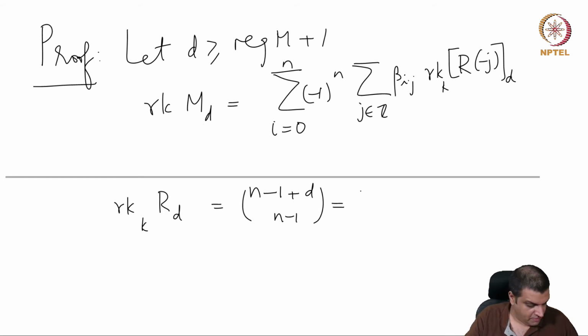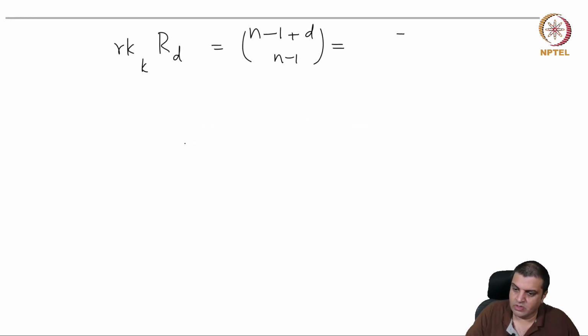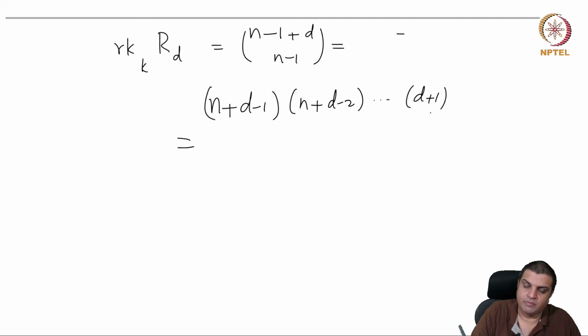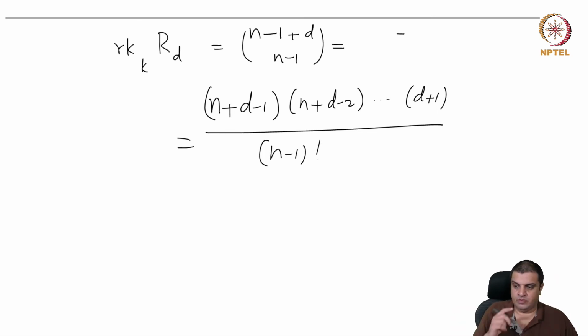So it is going to be (n plus d minus 1)(n plus d minus 2) all the way up to (d plus 1), divided by (n minus 1) factorial. Remember, this is that number factorial divided by this factorial times d factorial, and we have just removed the d factorial from here.